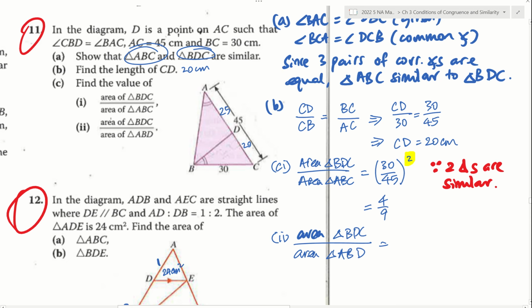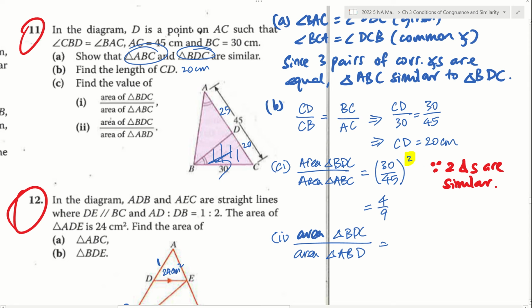BDC is the small triangle, and ABD is the triangle on top. Clearly they are not similar. So we look for a common height. Same thing goes: find all the bases with the corresponding perpendicular height. There will be two perpendicular heights that are common. With that, we can just compare the bases.